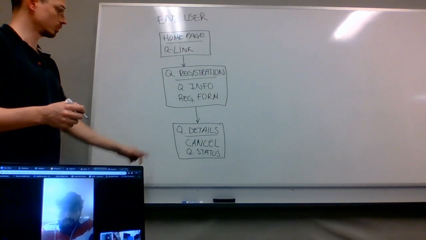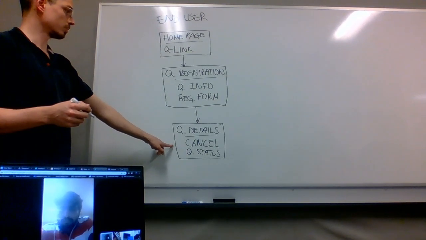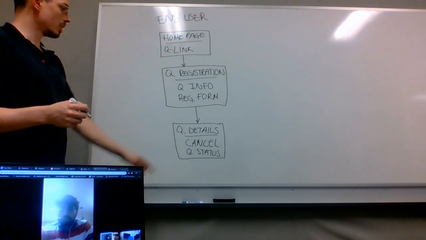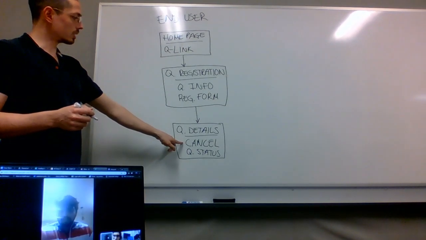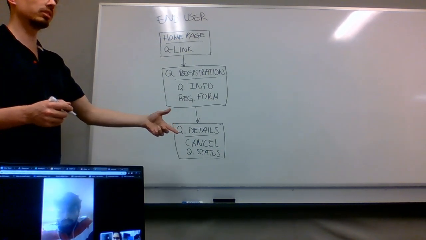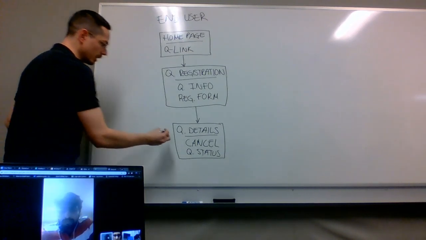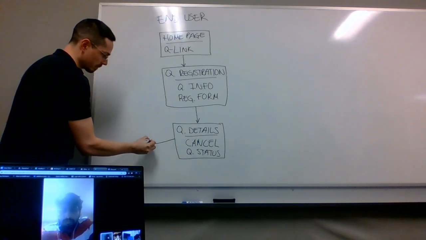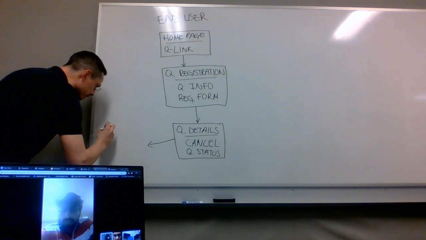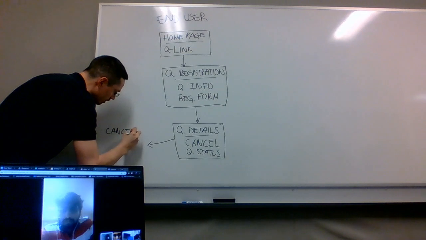So after details, you have an arrow pointing to cancel as a possible user story. So this is something that is shown here, but the action that is going to happen is canceling. Yeah, because it's an actual action that the user does, so it should probably have its own story.